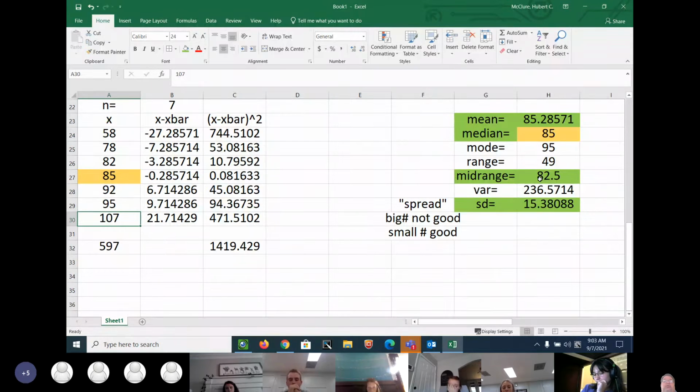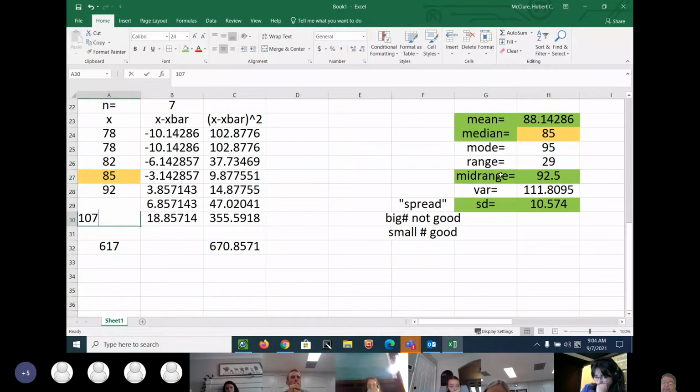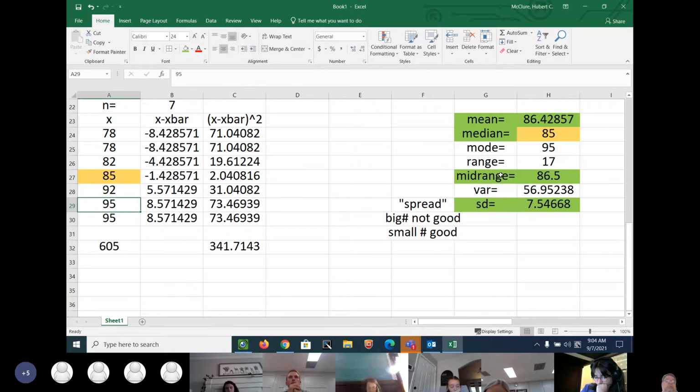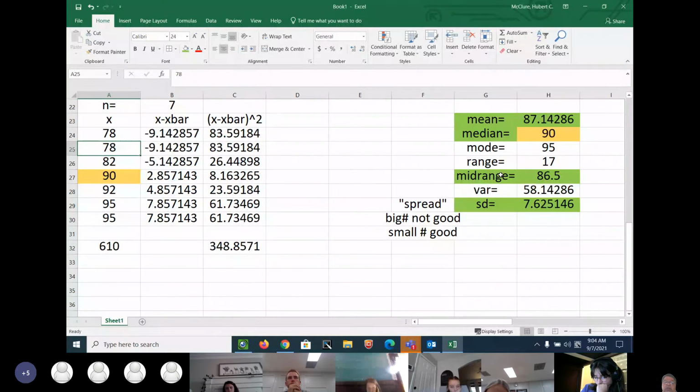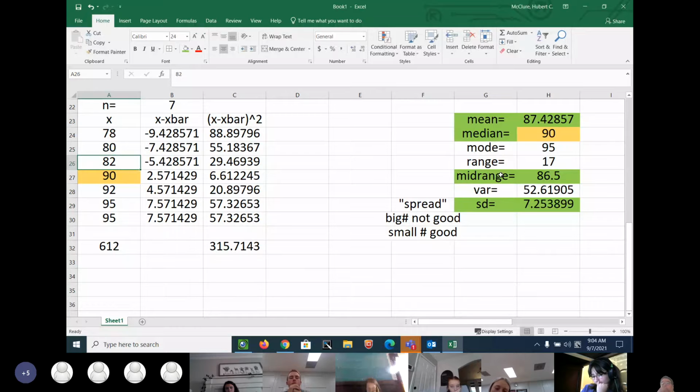But what happens when I change this to a 78, this to 95, this to 90, and this to 80? Did my standard deviation go up or down from 8.8?